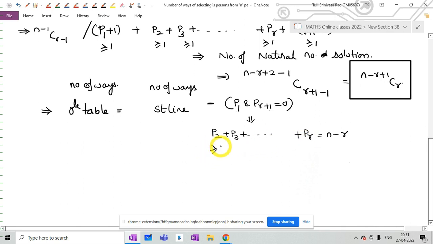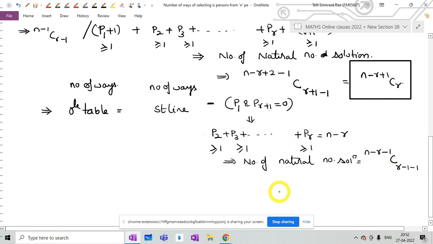Now we have the condition that p2 should be greater than or equal to 1, so all variables are greater than or equal to 1. So we have to apply the number of natural number solutions, which previously I told you is n minus 1 C r minus 1. So here you get n minus r minus 1 C, and in total we have r minus 1 variables, so from r minus 1 we remove 1, giving r minus 2.